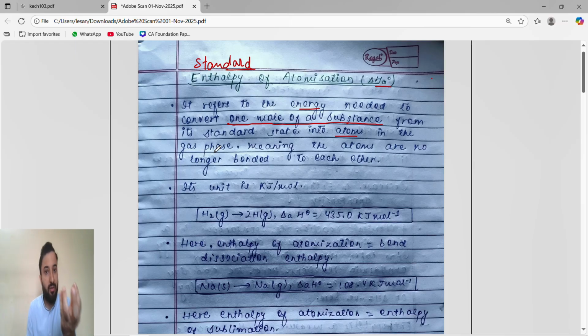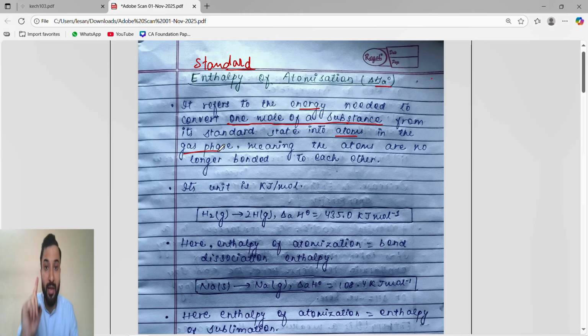Whenever you give energy, something will get converted. Either the phase will change, or the bond will break into radicals, or something else will convert. So energy needed to convert what? Because we are talking about standard, 1 mole of substance from its standard state into atoms. And how do we want the atoms? Atoms in the gas phase.